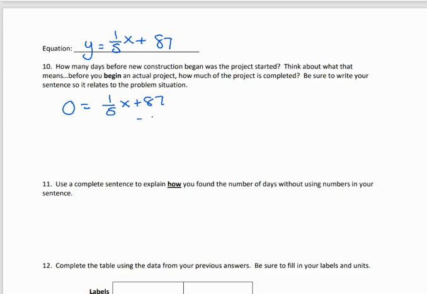So now we just solve like all the others. Subtract 87. We know it's going to be a negative number because 0 miles is certainly in the past. So negative 87 equals 1/5 x. Then we multiply by 5. Is it working out?